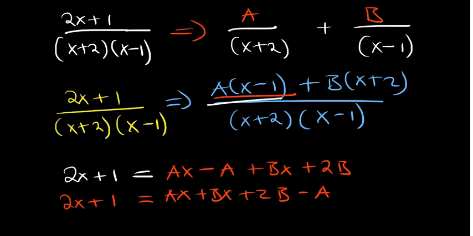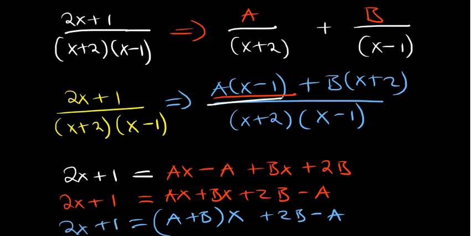If we do factor out the x, we have (a plus b) times x, since x is common, plus (2b minus a), equal to 2x plus 1.